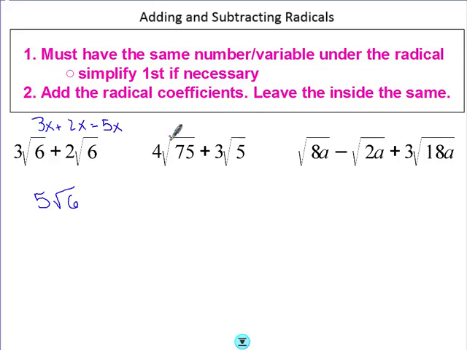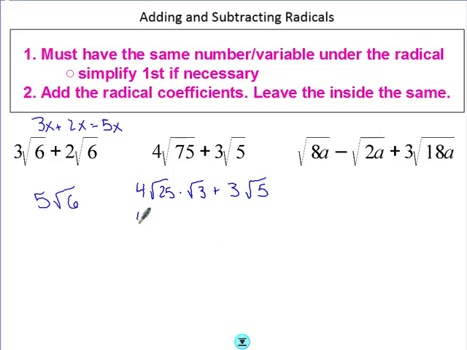Alright, now here I have 4 square root 75 plus 3 square root 5. Now, square root of 75, the square root of 5, not the same. However, I can simplify the square root of 75. I can break that apart as the square root of 25 times the square root of 3, and then I still have 3 square root of 5 over there.